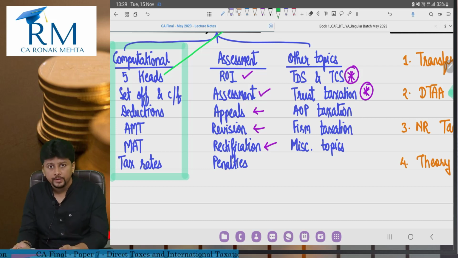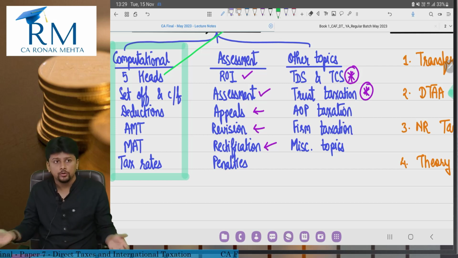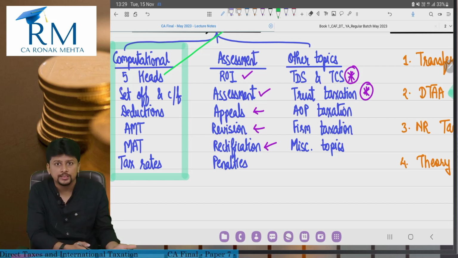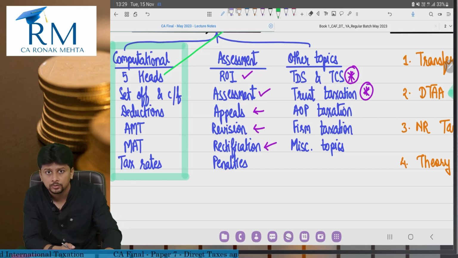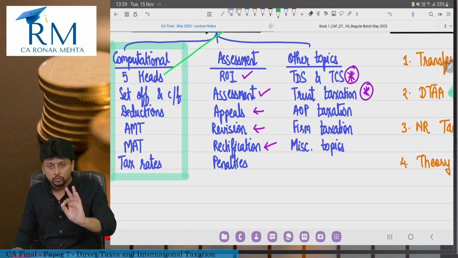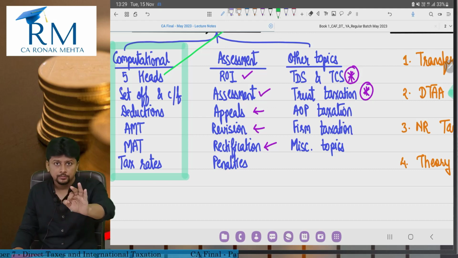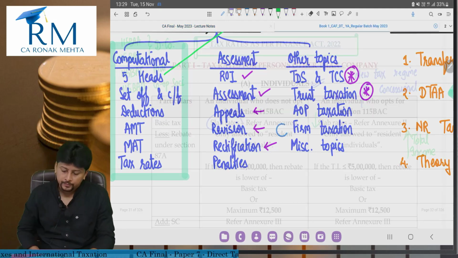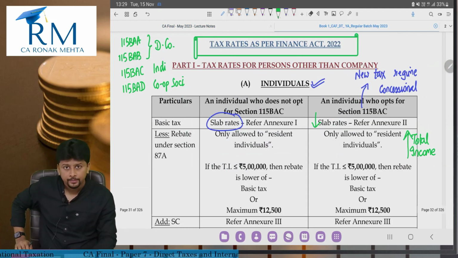That means when you are doing this computation, you need to know first which deductions are there, how they are allowed in the normal course, and what will happen if they are not allowed. So these 4 sections, 115BAA to 115BAD, we will be studying later on.